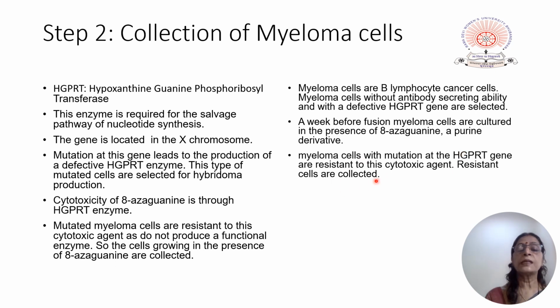So when the myeloma cells are grown in the presence of 8-azaguanine, the cells which are resistant are collected. The resistant cells must be HGPRT negative, and for the fusion procedure, HGPRT negative myeloma cells are required. So these mutated myeloma cells are collected from the culture medium.